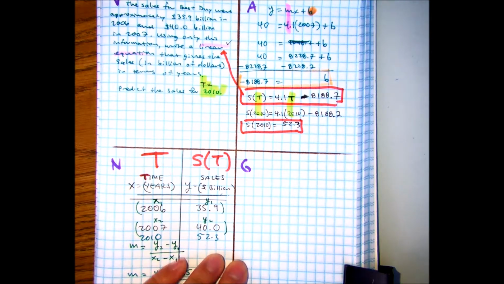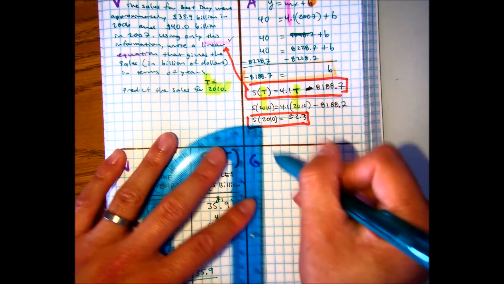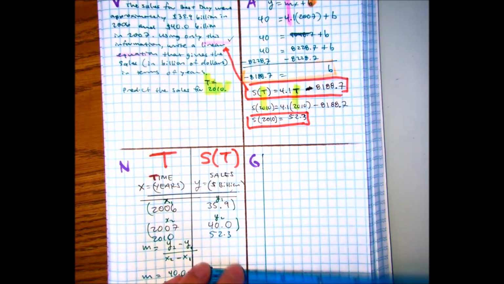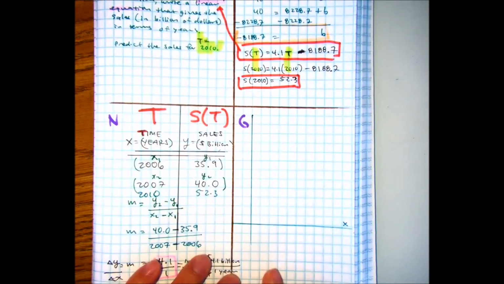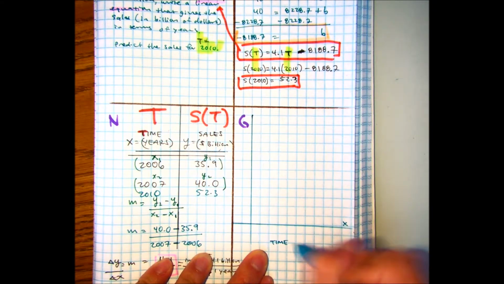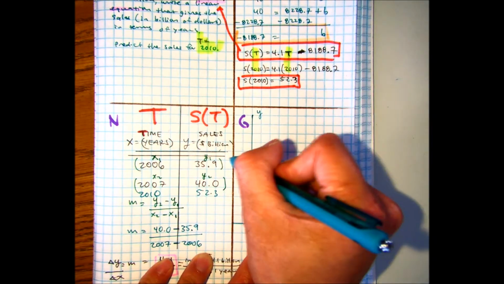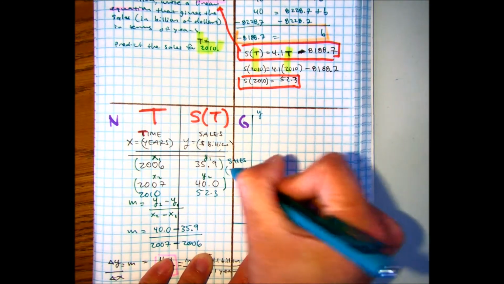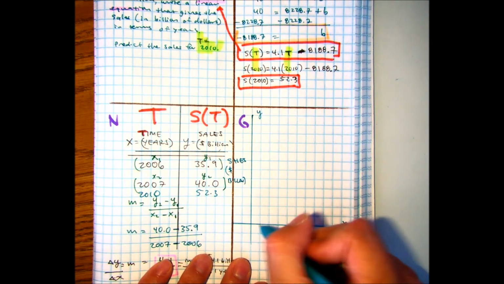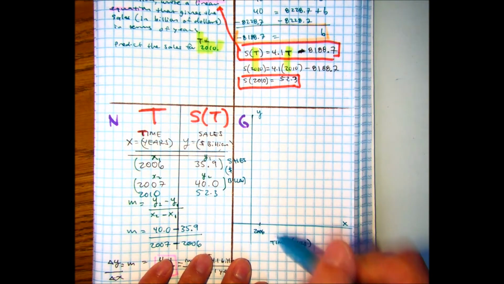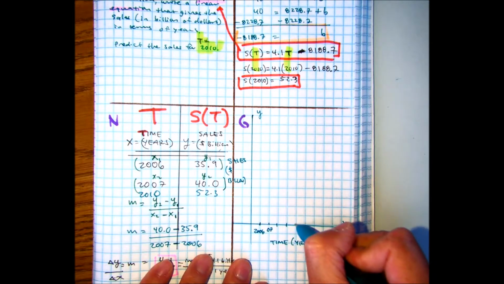Okay, let's make a quick graph. X represents what? Time measured in what? Years. And then the y-axis represents what? Sales represented in billions. So if our first year is 2006, here's 2007. I'll call it 07, 08, 09, 2010.